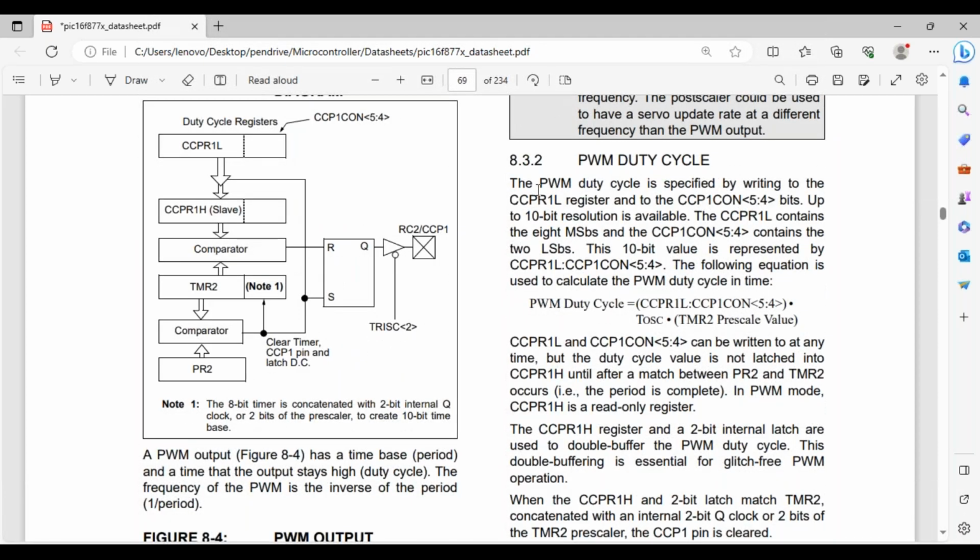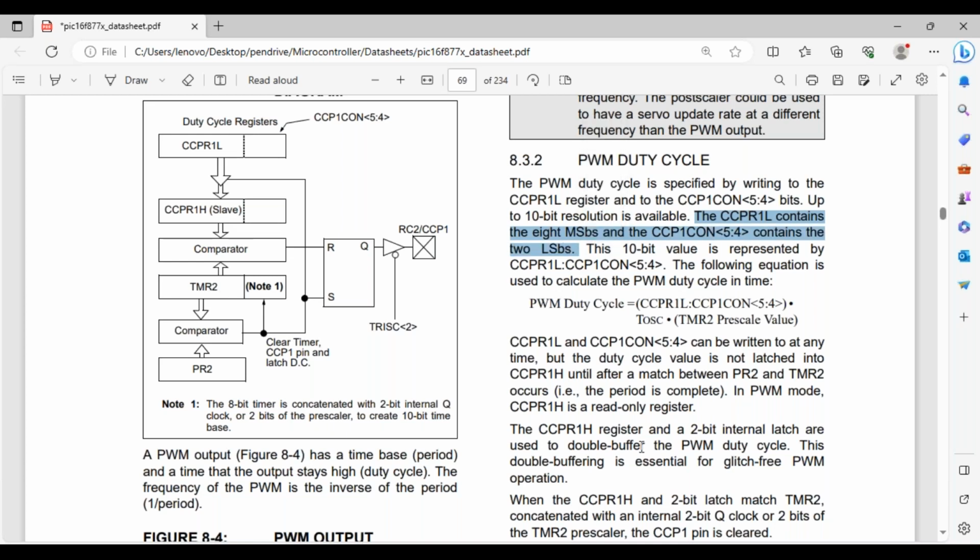So if I have a 10-bit value to be written, 8 bits will be written to the CCPR1L register and 2 bits will be written to the CCP1CON register 5th and 4th bit. CCPR1L contains the 8 MSBs and CCP1CON 5th and 4th bit contains the 2 LSBs.